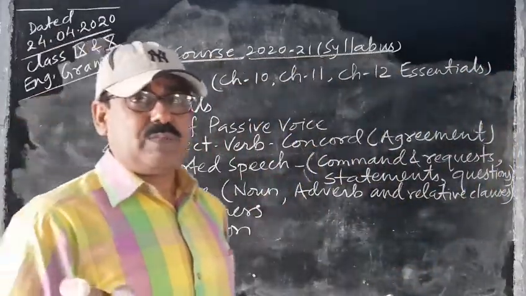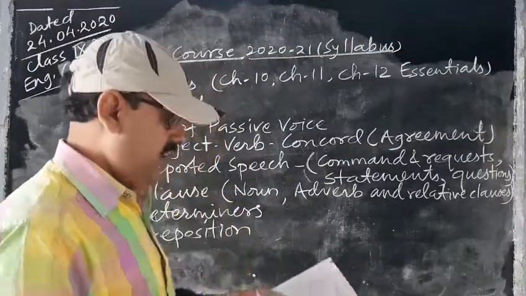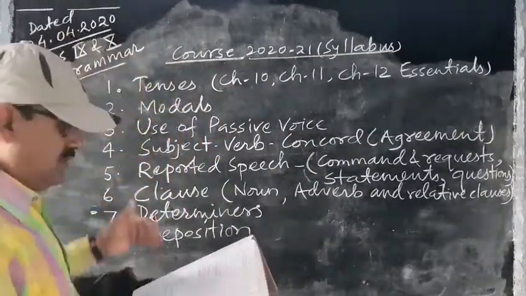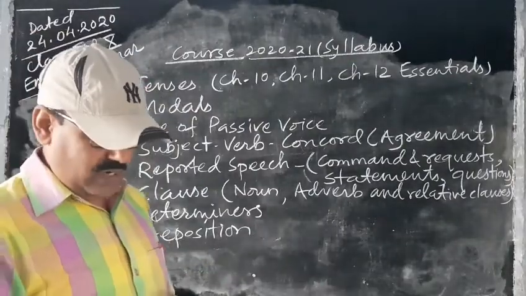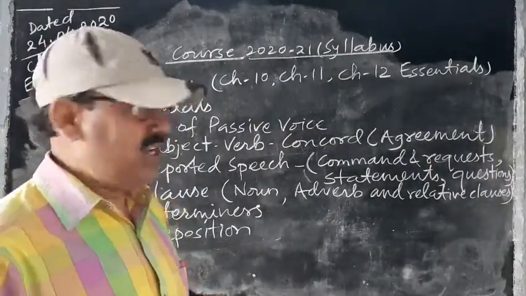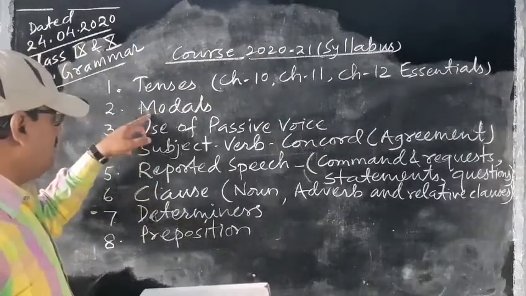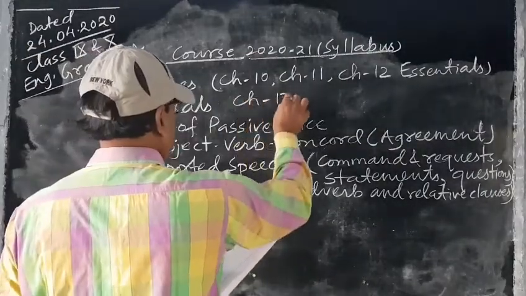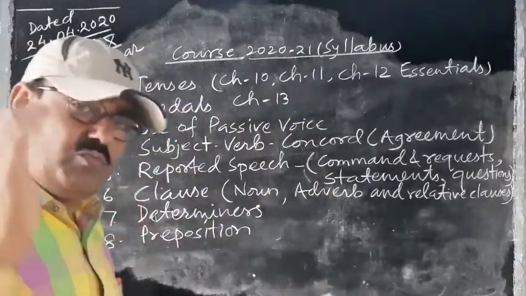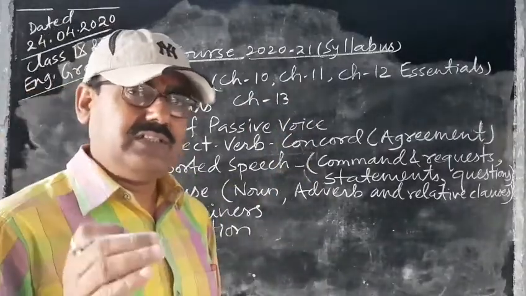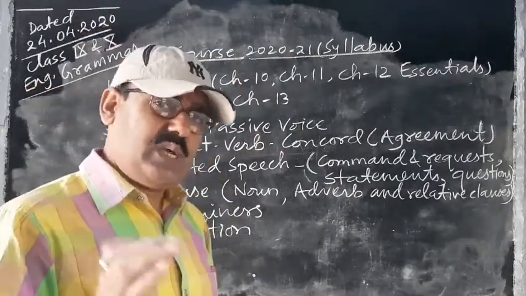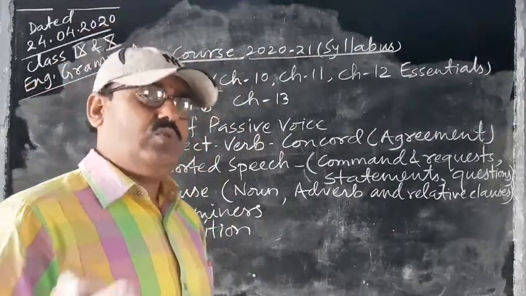These 3 chapters will be discussed, and then after it you should check chapter number 13, verbs, modals. Chapter 13 is what we will study in both classes, class 9 as well as class 10. Both classes will have the same thing to study.